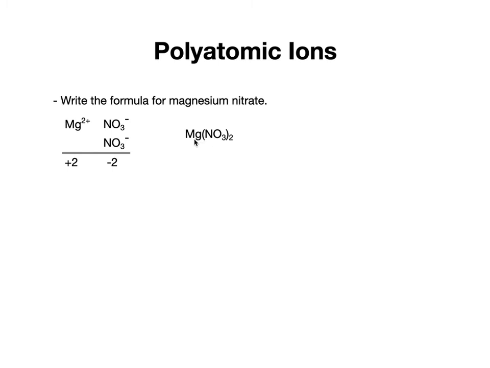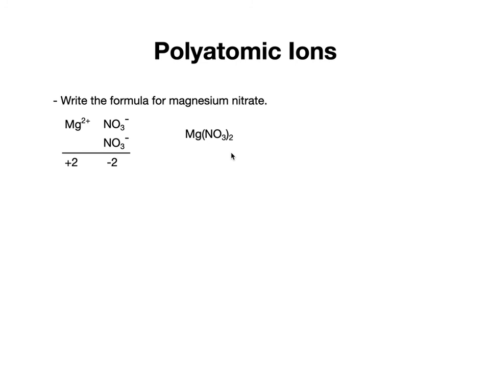This is the way I would write that. Okay? I have to put the nitrate, the NO3, in parentheses. What this means, class, remember, you always write the cation first and then the anion. We use parentheses when we have more than one polyatomic ion. That's very important.